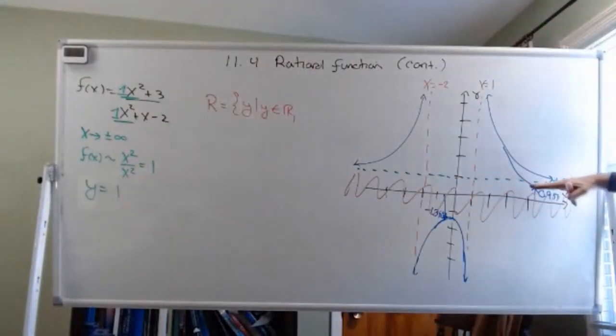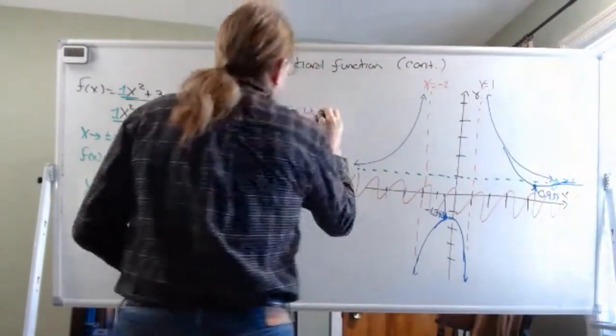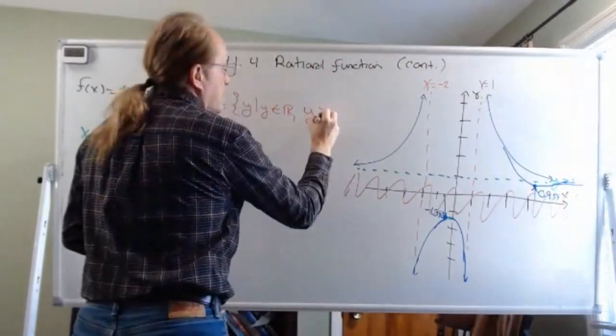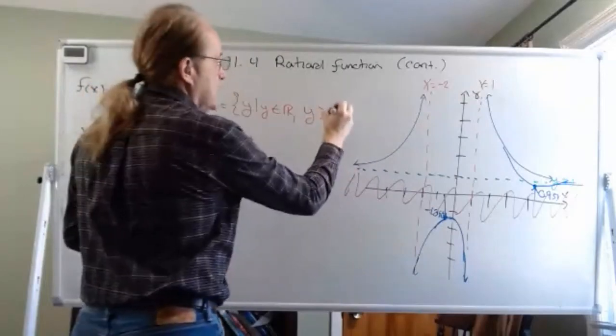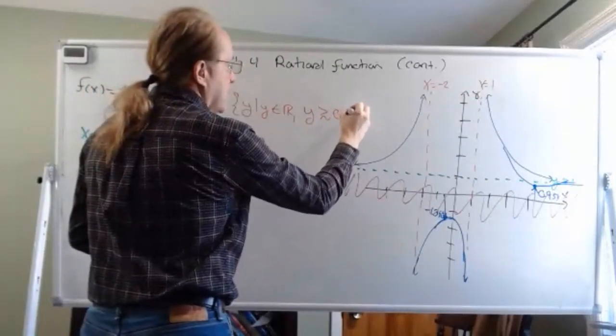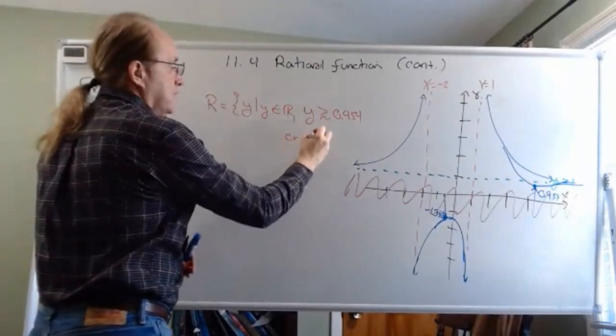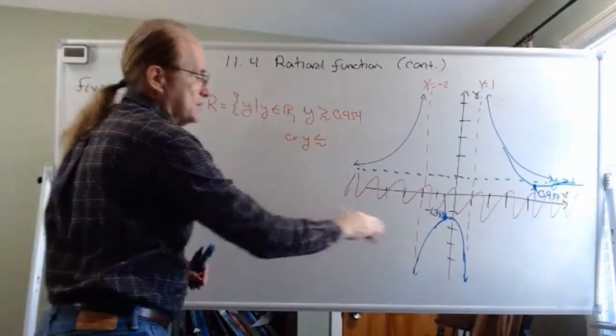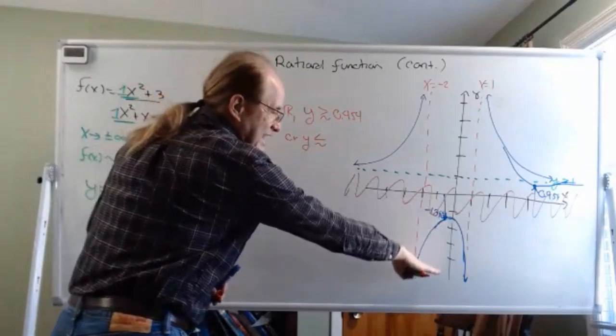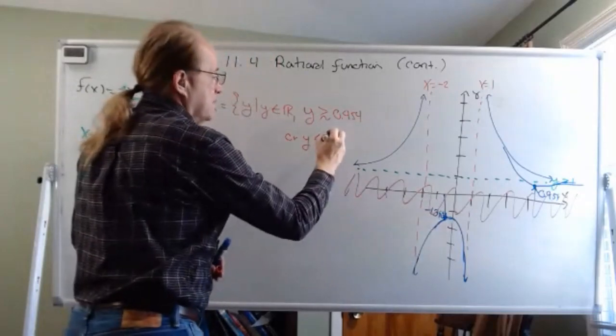Either y is greater than or approximately equal to 0.954, or y is less than or approximately equal to negative 1.398.